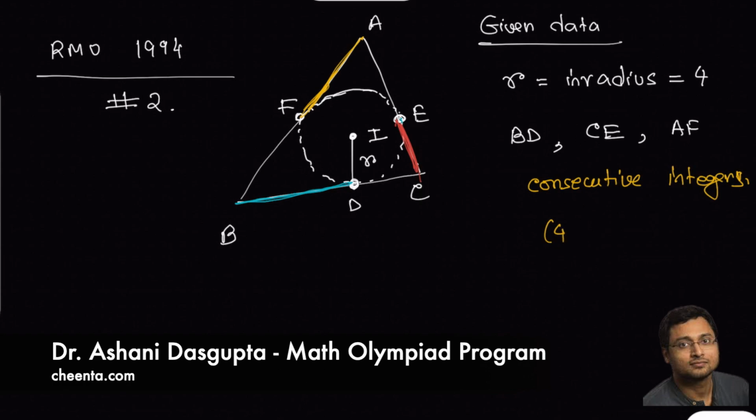For example, they could be like 4, 5, 6. Okay, that's just an example. We want to find out the side lengths of triangle ABC.